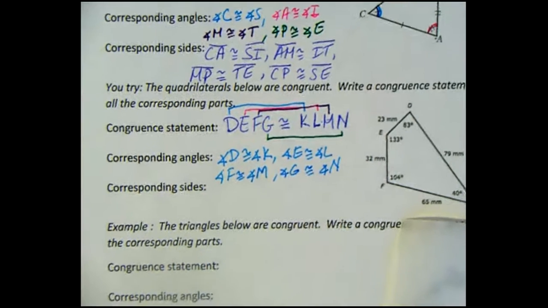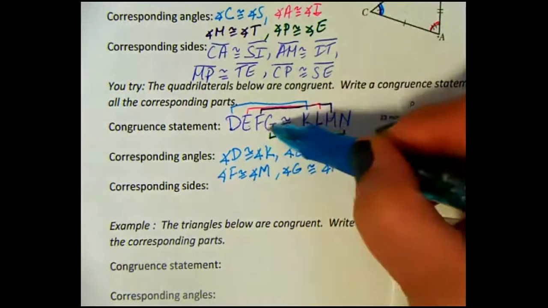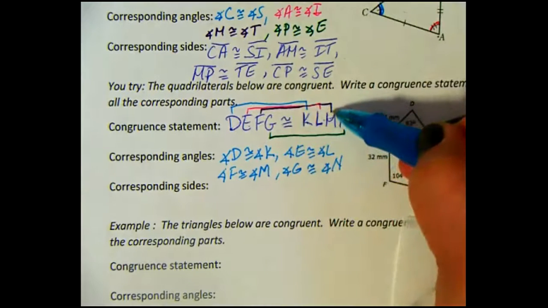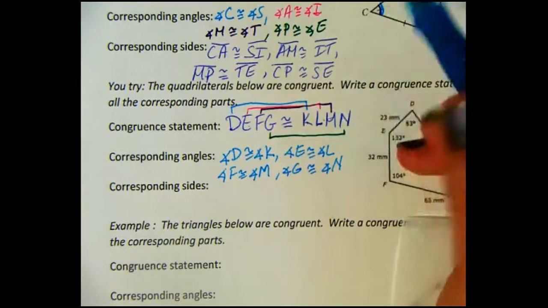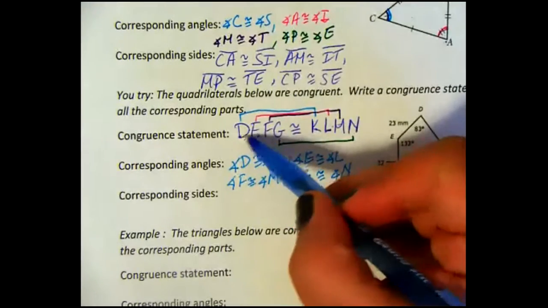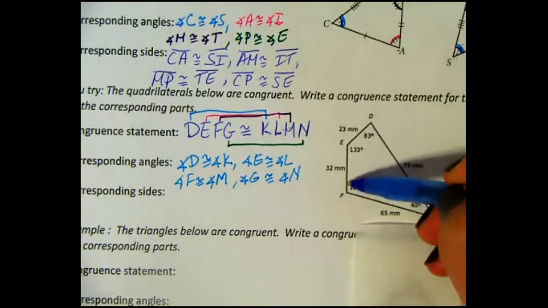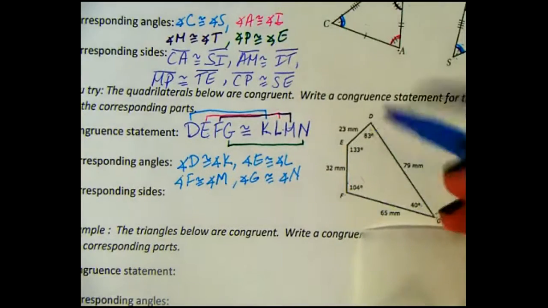All right. And then for my sides, again, remember, you are able to use your congruent statement to do the same, right? So you're able to say, and you take two letters at a time because that's the sides, right? D, E, E, F, F, G, G, D, right?